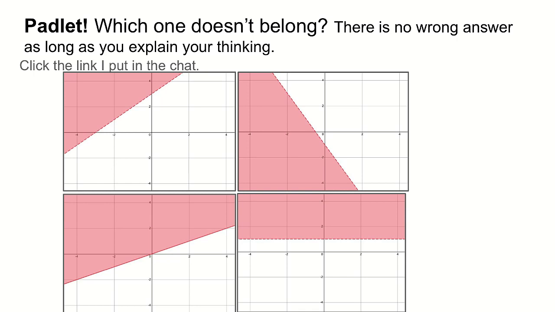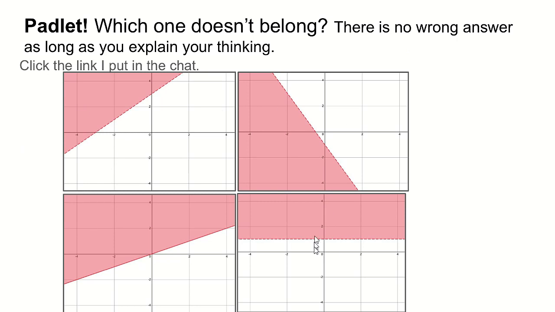Go to that link. And so what you're going to do is post on there which one of those doesn't belong? And there is no correct answer as long as you give an explanation. So notice that it's the same as is on my screen right here.